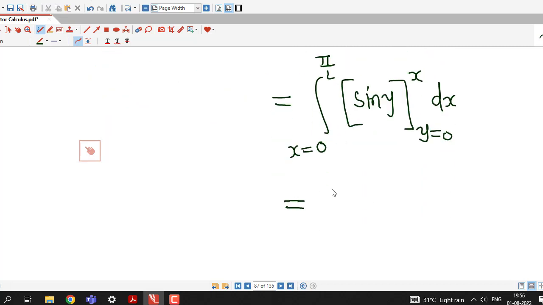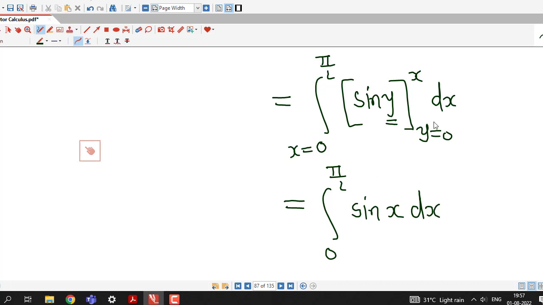First we put upper limit y equal to x, and this is from 0 to pi by 2. Upper limit is y equal to x, that is sin x, minus y equal to 0 will be sin 0.